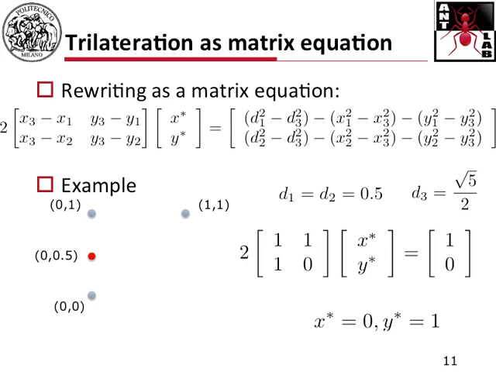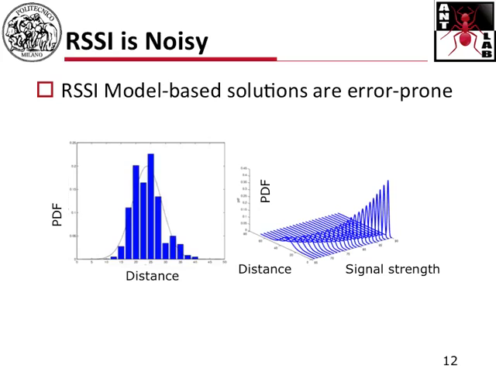Why not? Because the measures you use to get the distance are noisy, so they are affected by some kind of noise. For example, in RSSI model-based localization, our reference measure is the received signal strength indicator, used to invert the propagation law and get the distance.